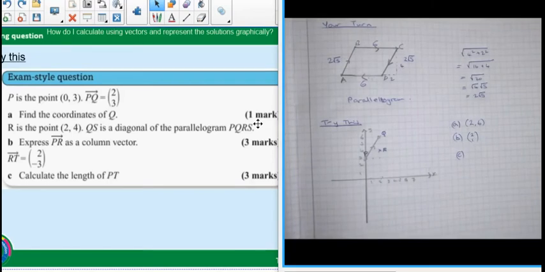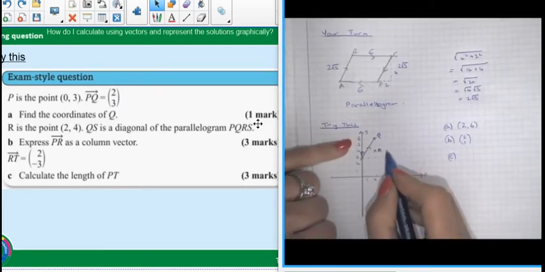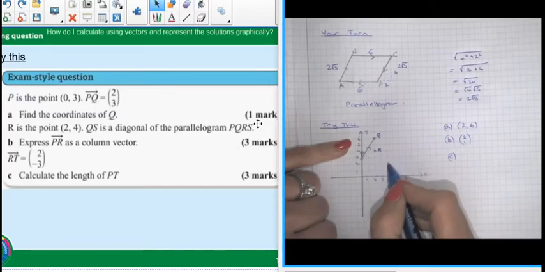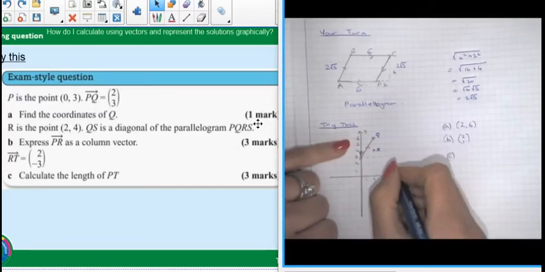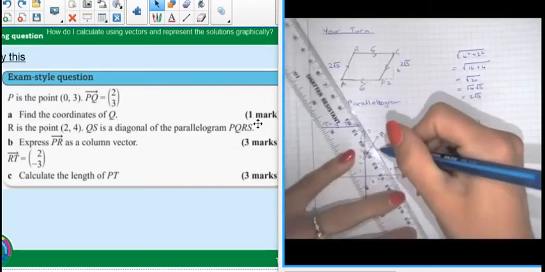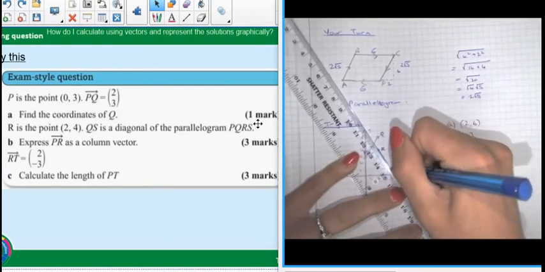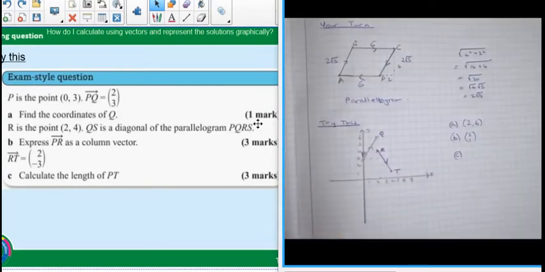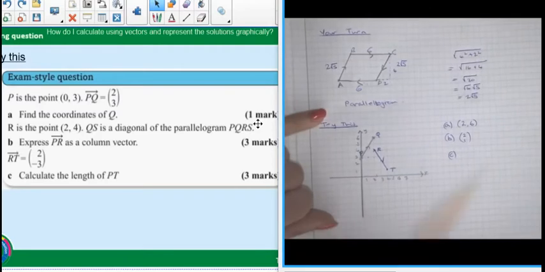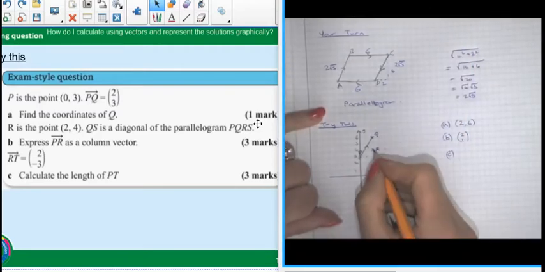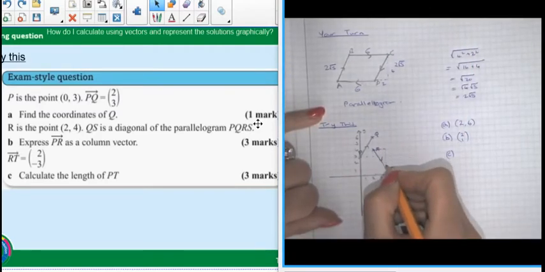Part C, calculate the length of RT. We know that RT is (2, -3). 1, 2, 1, 2, 3. So there's T. This is a recap of what we learnt last lesson. Remember, we used Pythagoras, so I'll just draw that in to remind you.